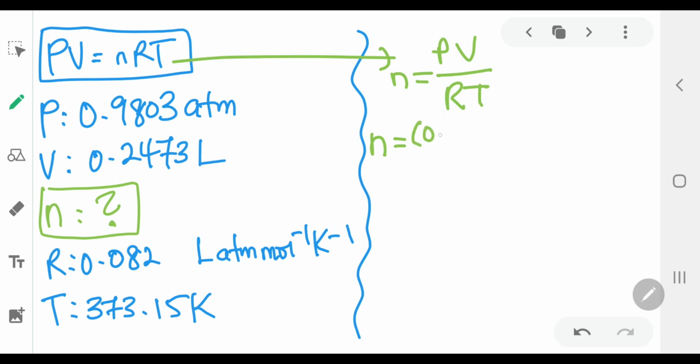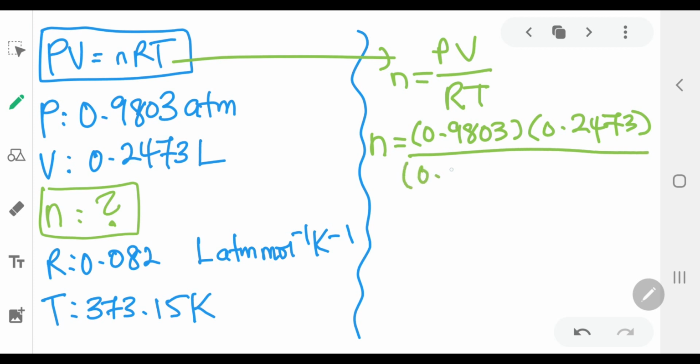Therefore, 0.9803, that is your pressure, times the volume 0.2473, divided by 0.08206 times 373.15, that is the temperature in Kelvin. Calculate that using a calculator.